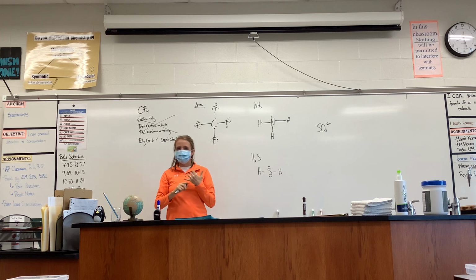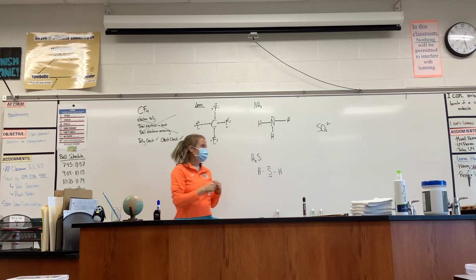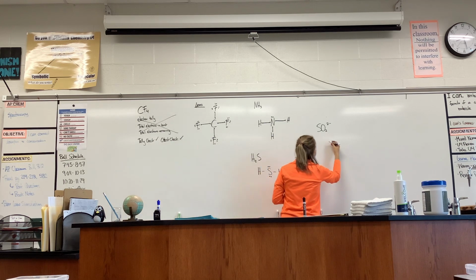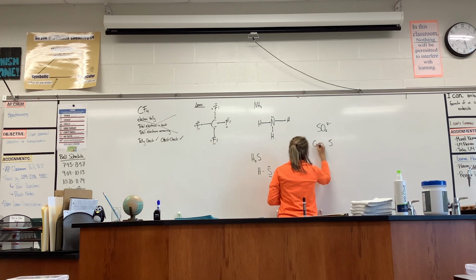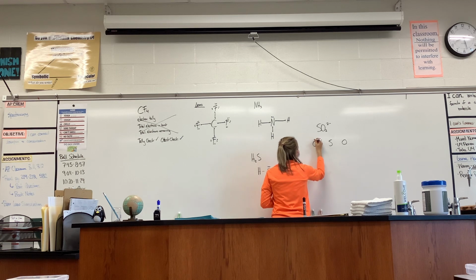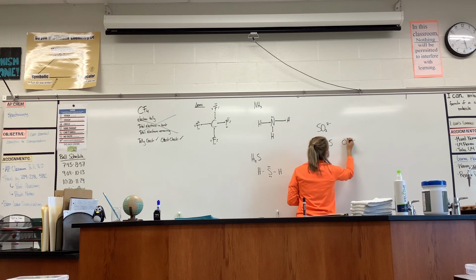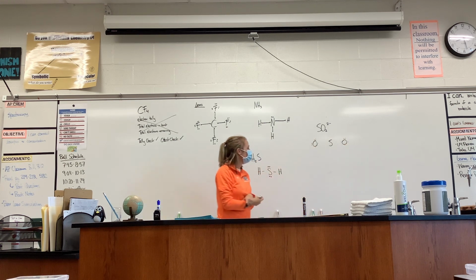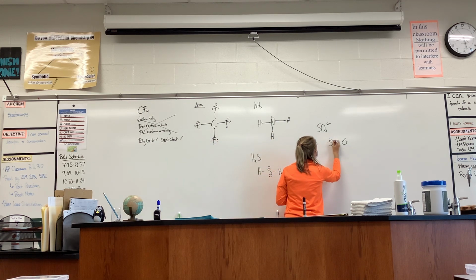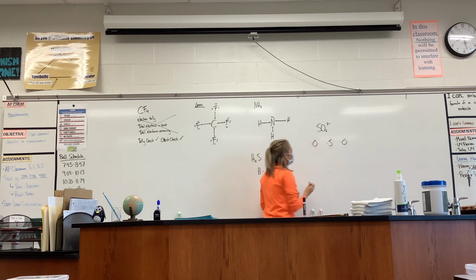So step 1, figure out how many valence electrons each of these have. They all have 6. Okay, so we're going to draw our skeleton. So we have S in the middle, O's on the outside. So 1, 2, 3, 4, 5, 6.